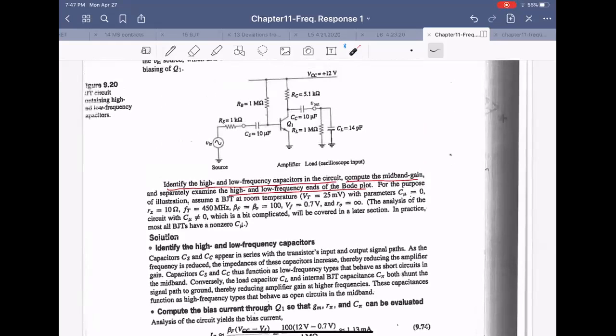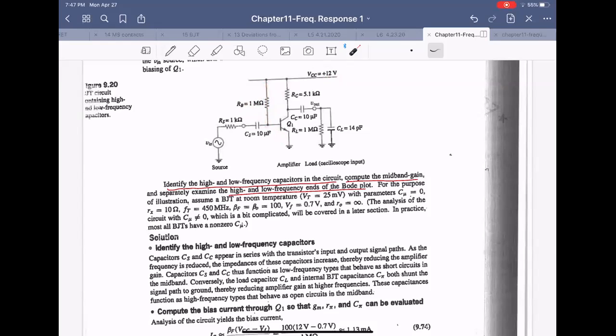If this is in active mode, the base emitter voltage 0.7 is given here. So this is 12 volts, and 0.7. So the voltage drop across RB is 12 minus 0.7, and divided by 1 mega ohm is the base current.